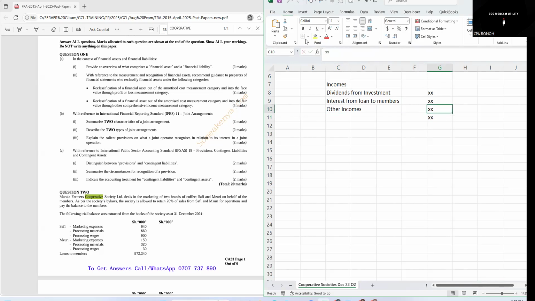That one will give us the total income, and then less expenses.